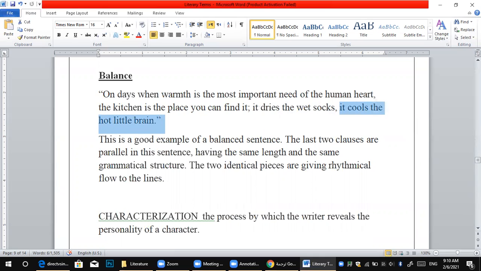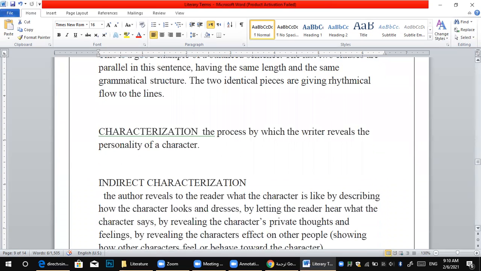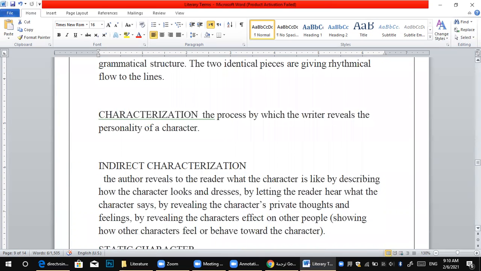After that, we have characterization, and there are many kinds. The first one is direct characterization, when you tell about the character in a direct statement, such as he was rich, he was poor, he was good, he was rude.